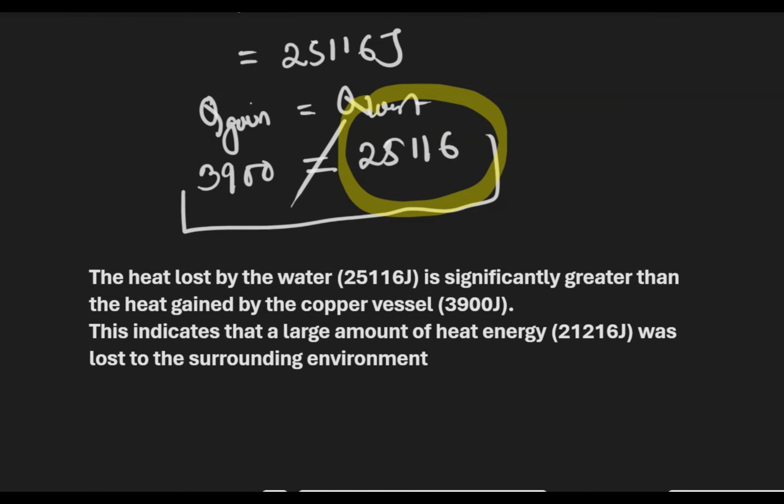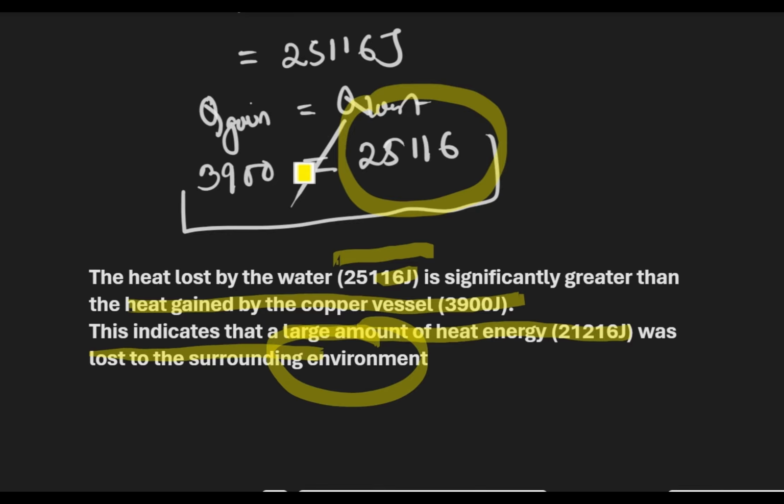This comment is very important to understand: the heat lost by this amount of water is significantly greater than the heat gained by the copper vessel, which is 3900 joule. This indicates that a large amount of heat energy, 25116 minus 3900, which is 21216 joule, was lost to the surrounding environment. So this is the final comment for this problem.